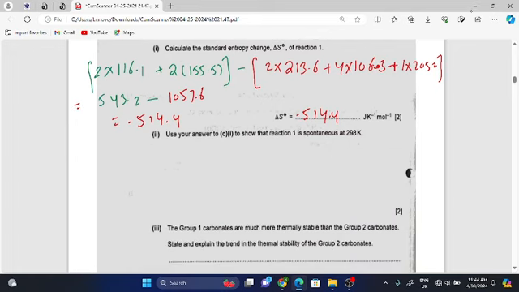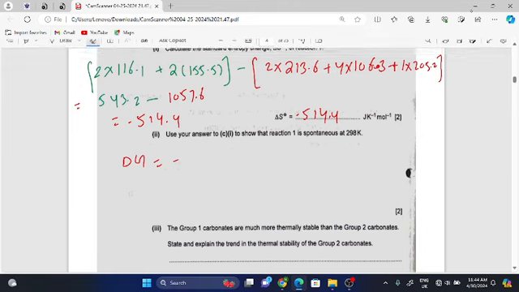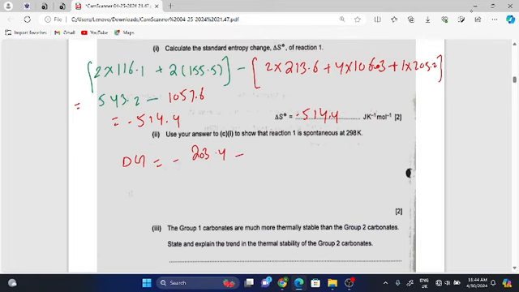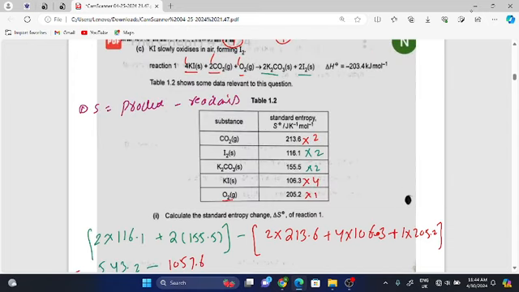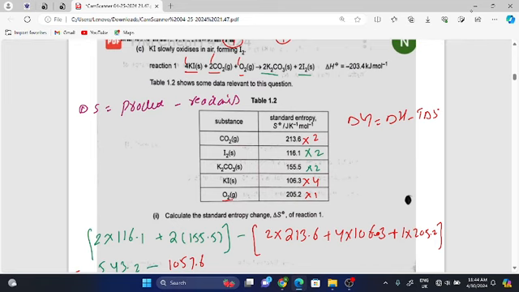You can also do the calculation, like delta G equals delta H minus T times delta S. That is the equation for Gibbs energy.